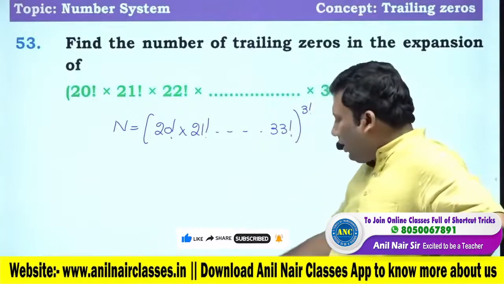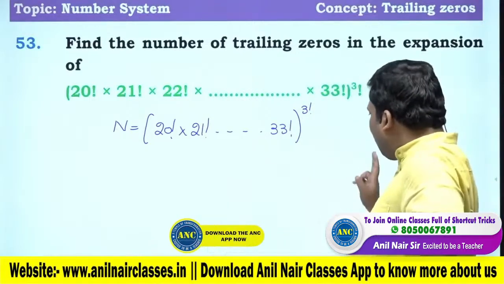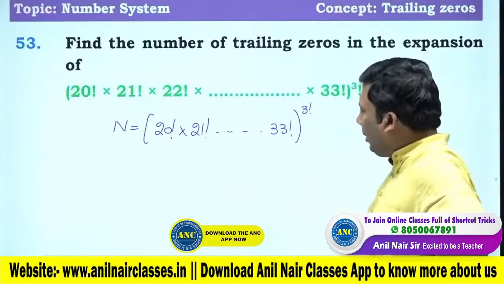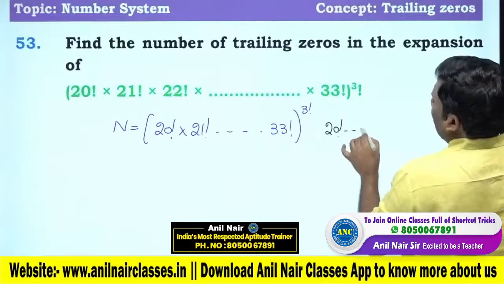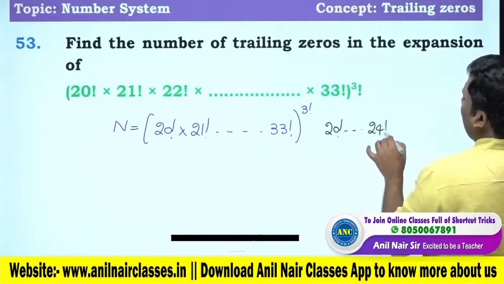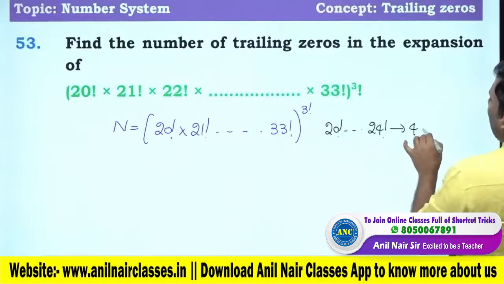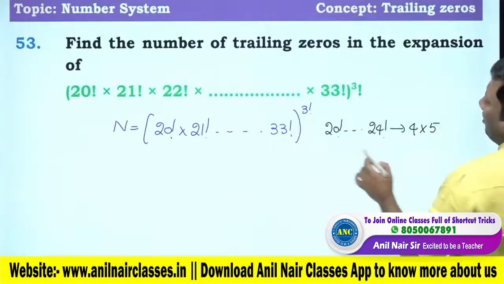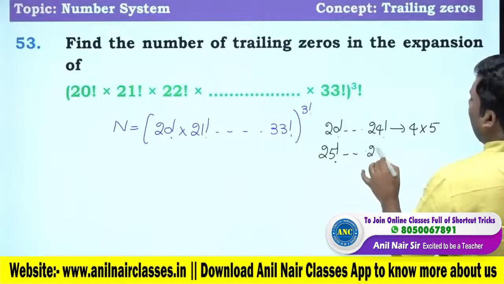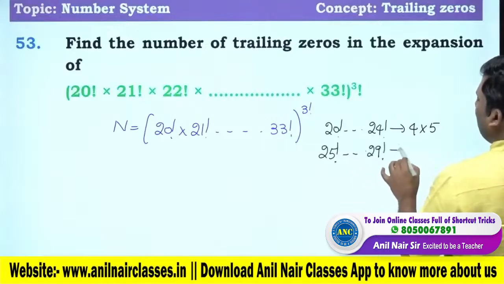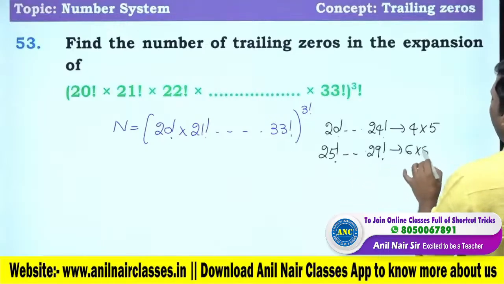Already we did it: 20 factorial till 24 factorial, there are 4 zeros at the end, and 5 numbers will be there. 25 is 5 square, so there will be a jump of 2. It will be 6 into 5.